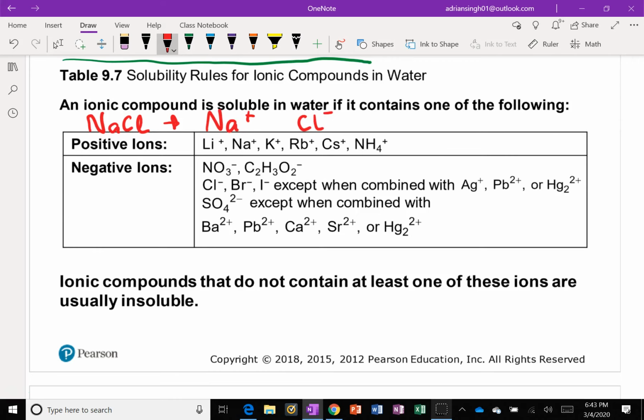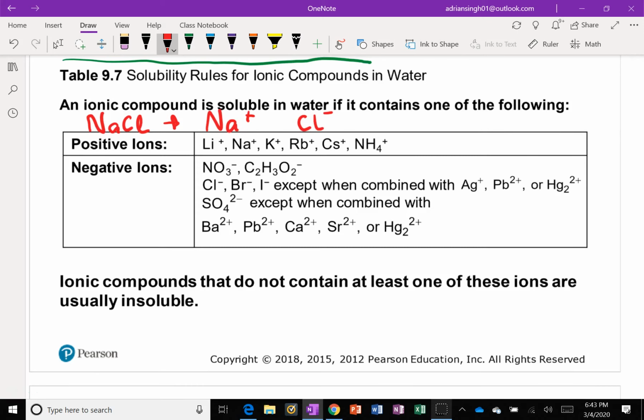We find sodium on here, so any compound with sodium in it will be soluble in water. Sodium chloride has it, so it will be. Chloride is on here as well, and it's not an exception, so sodium chloride is soluble in H2O.